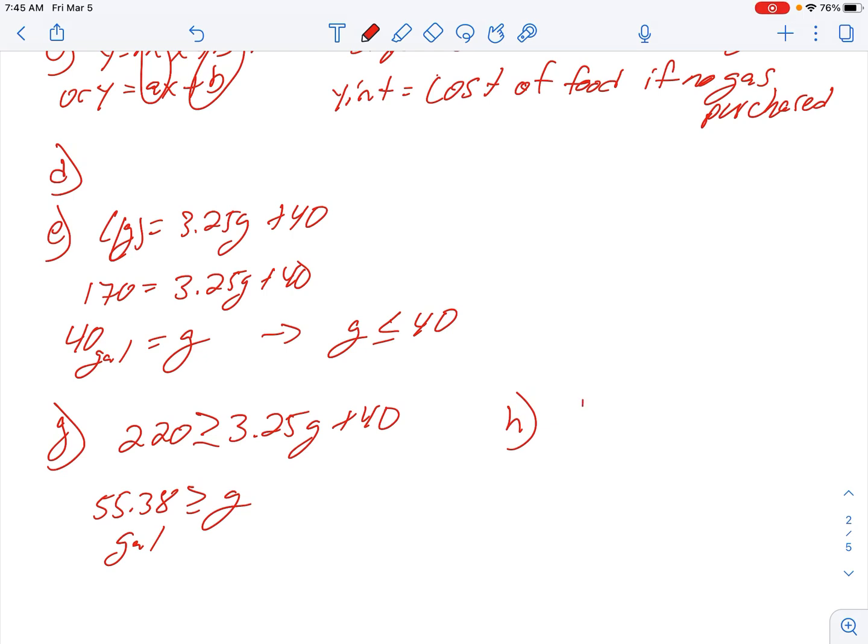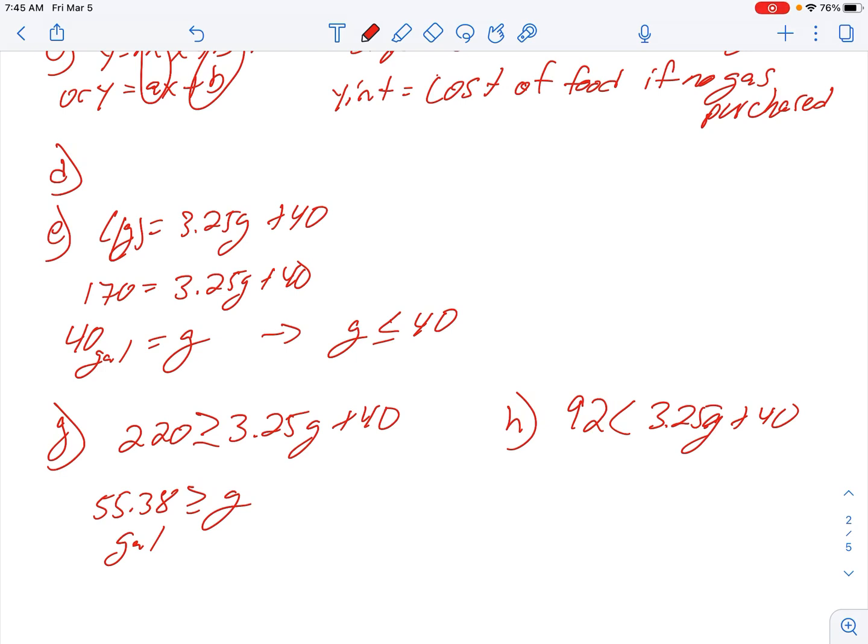All right, so for this last one, if he spent more than that, and I wrote my inequality the wrong way, because the amount of money that he spent turned out to be more than $92. So when I subtract 40, I get 52.